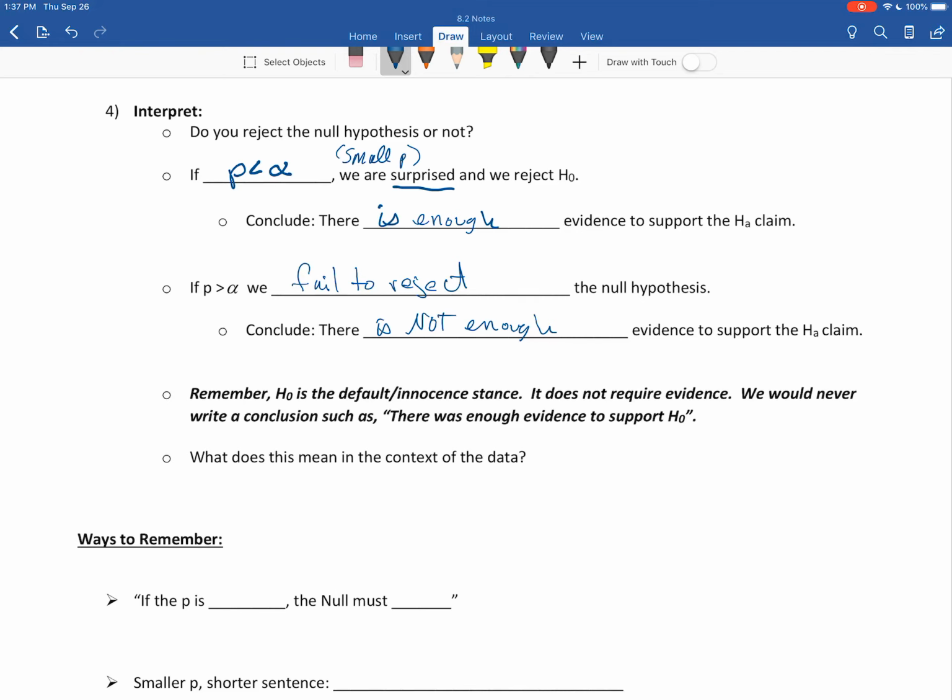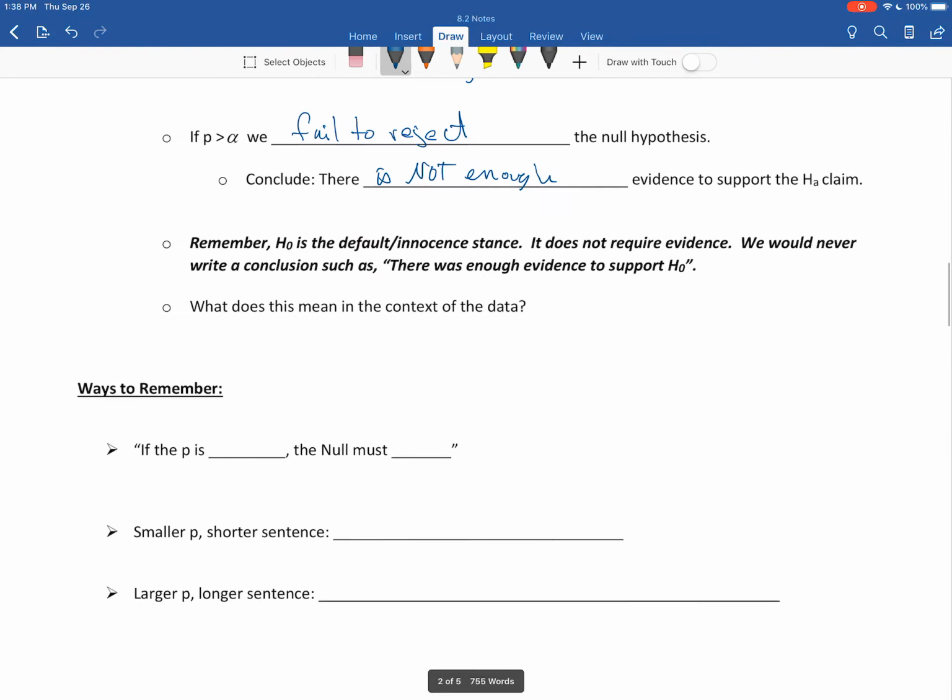Be careful because they give you different wordings in MyLabs Plus, and you want to make sure that you're never saying, I need evidence for the null. I only need evidence for an alternate. Then we always follow that up, when we decide whether or not we are going to reject, with what that means in context, of course.